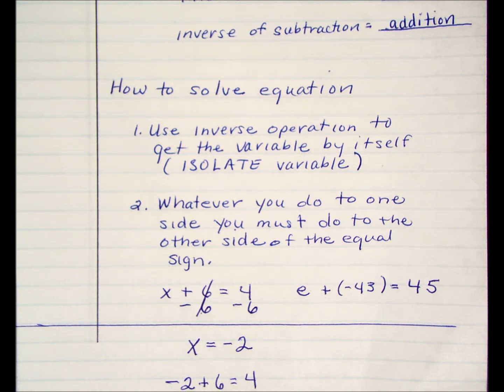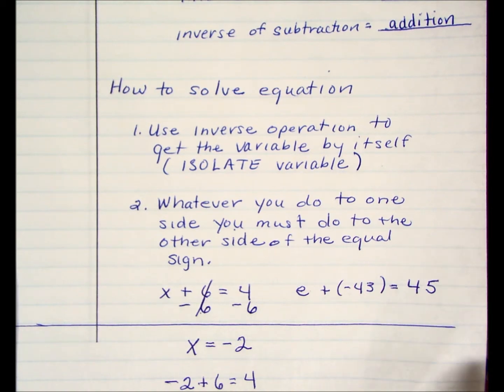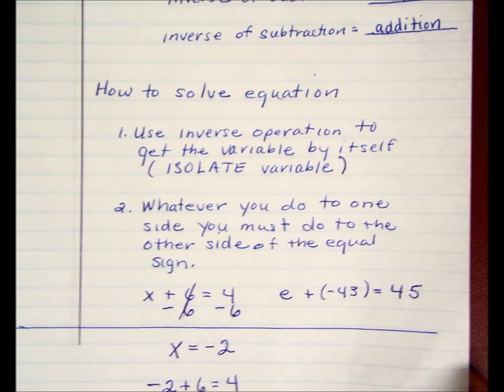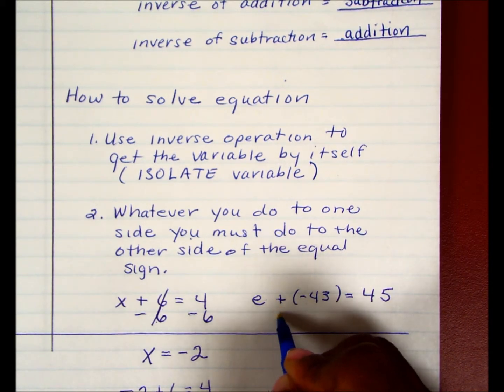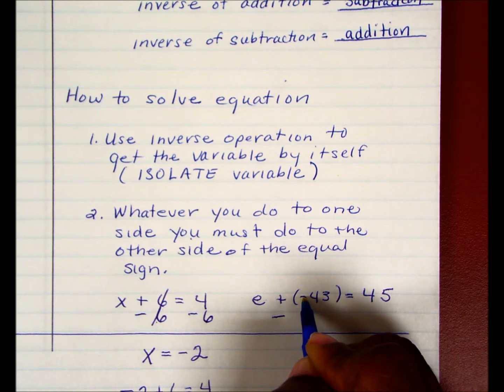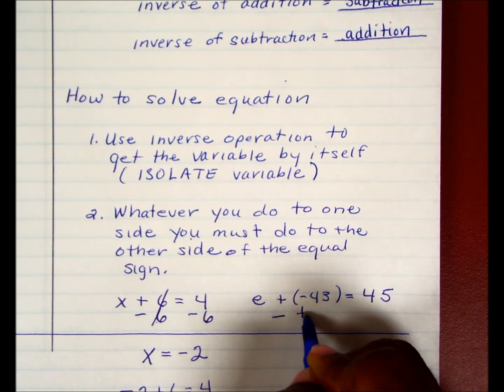All right. Sometimes, though, you're going to get two signs together. And so it gets a little confusing. This is what you need to remember. Use the opposite of each sign. That's just the easiest thing to remember. So this is a positive, so I'm going to go negative here. This is a negative, so I'm going to go positive here.